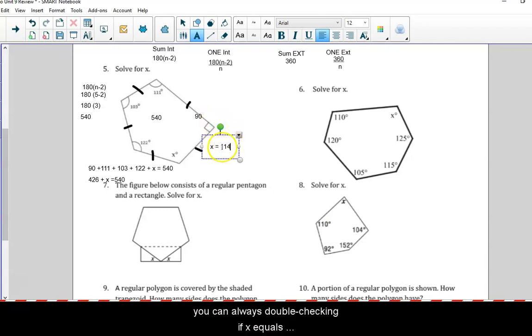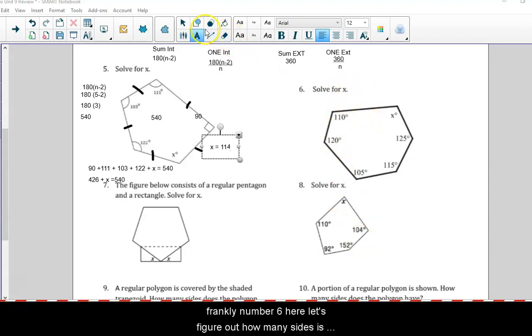And always double check. If x equals 114, you can do in your calculators 114 plus 122 plus 103 plus 111 plus 90, and that needs to equal 540. So I'm going to pause it real quick and make sure that, and it did. Excellent. We're going to do the exact same thing for 6 and 8, quite frankly.